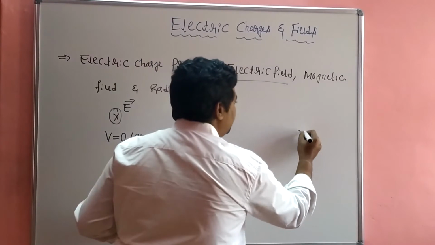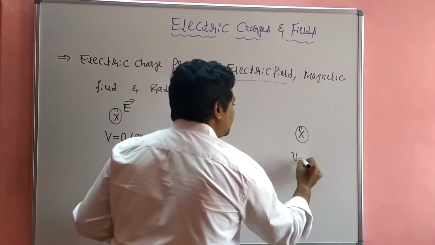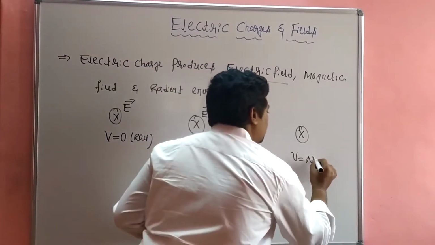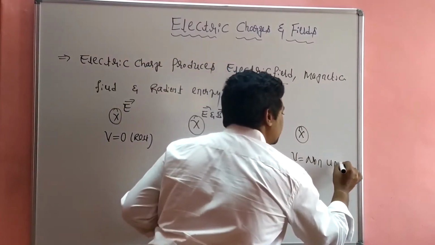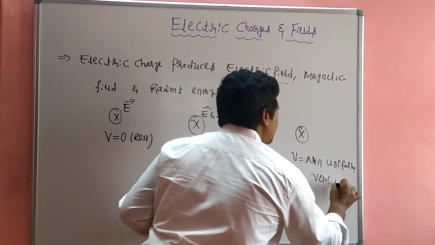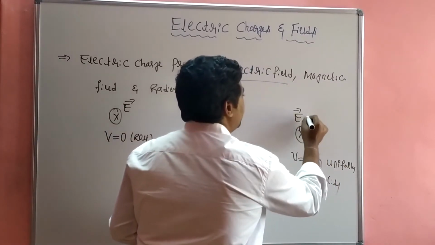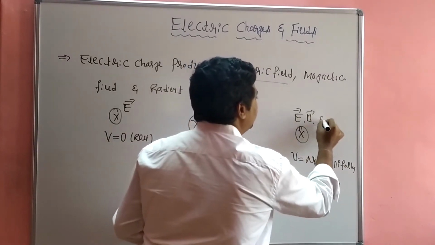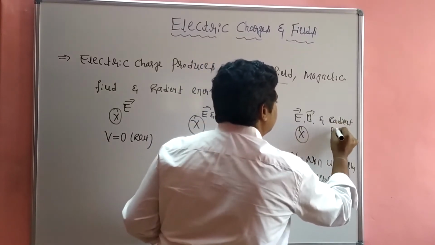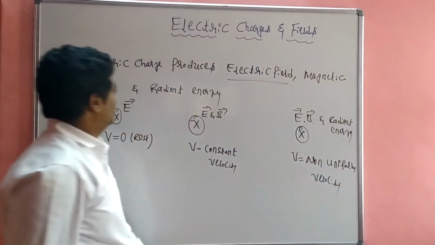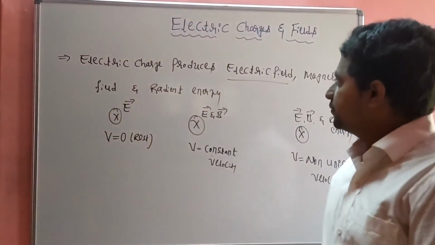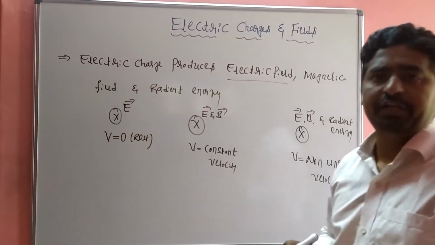When the same electric charge is moving with non-uniform velocity, it produces an electric field, a magnetic field and radiates the energy.